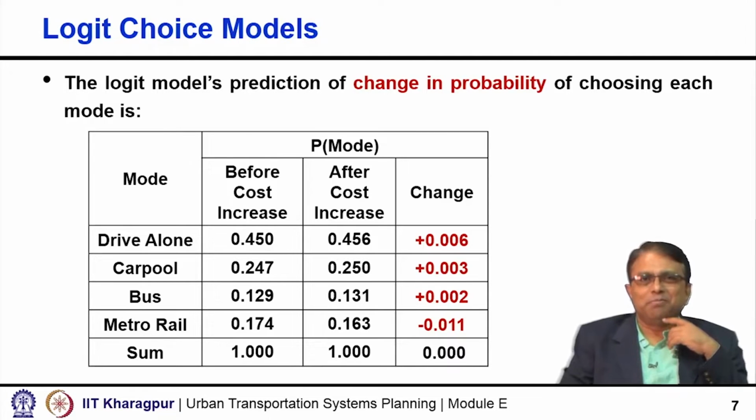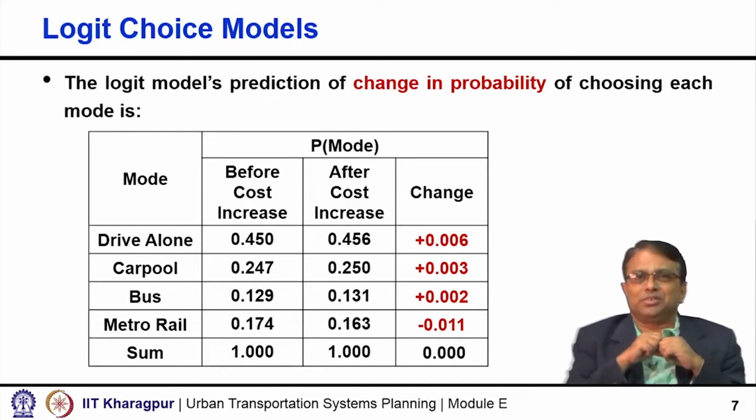So, the ratio remains the same, and the probability will change in such a manner that the ratio remains unchanged. Same thing, drive alone, bus, again the ratios are to be maintained as per IIA. No change has happened to the utility of drive alone and no change has happened for the utility of bus. So, the ratio will remain unchanged.